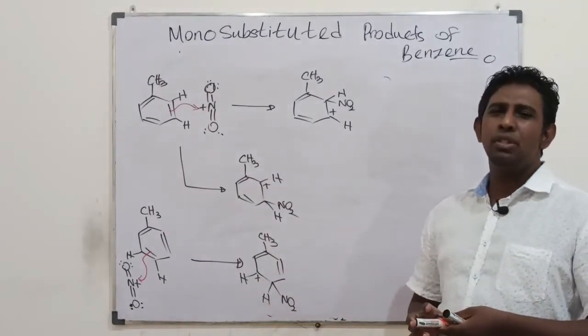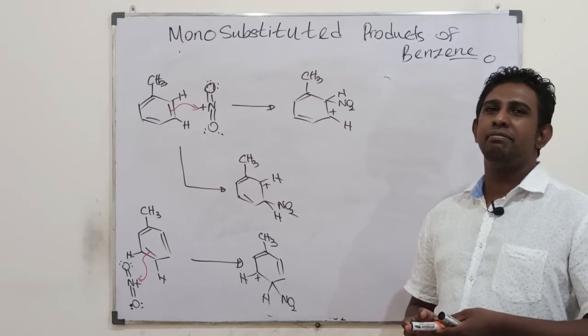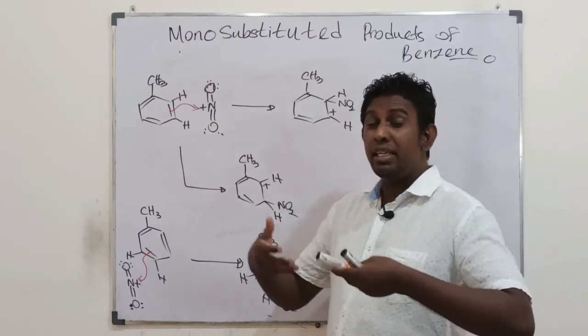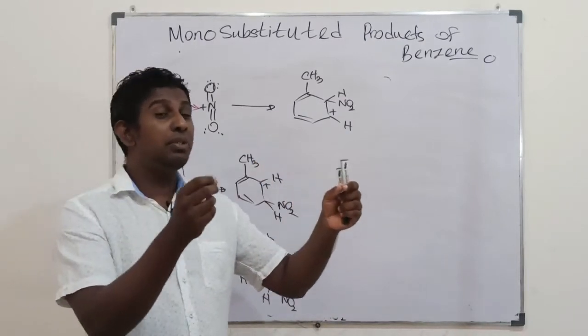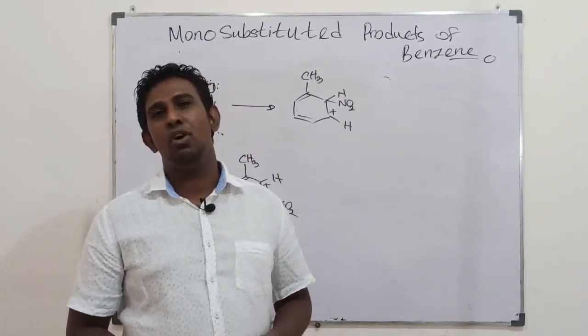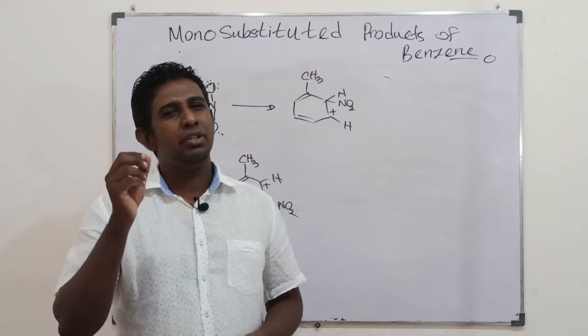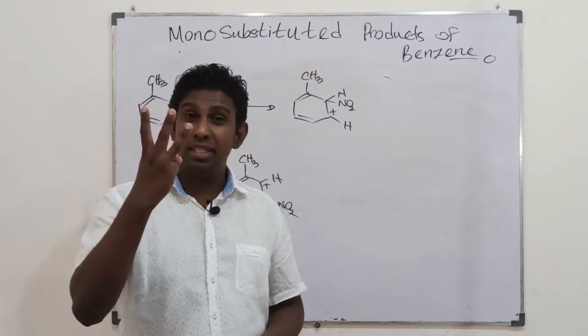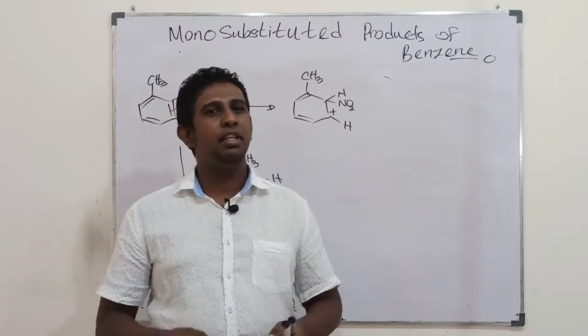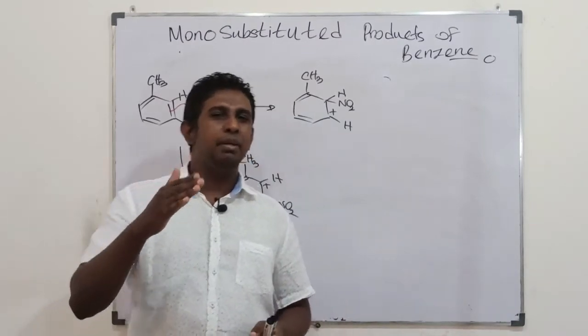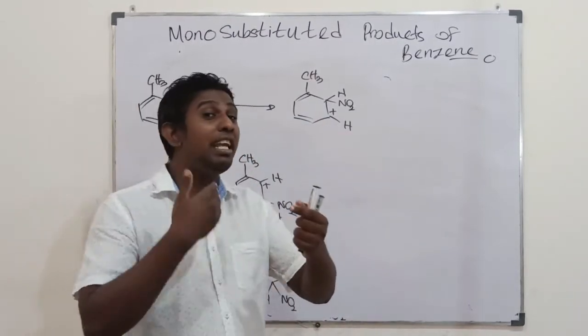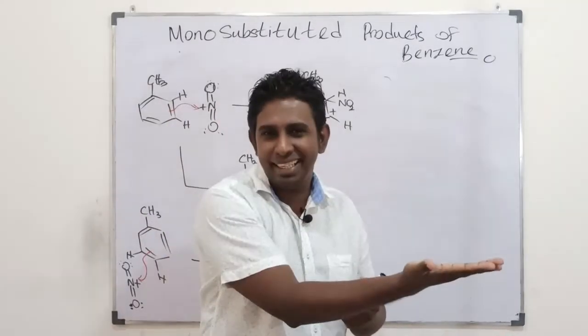Why did I draw those intermediate cations? Students, I'm stating what electrophilic substitution reaction basically involves on benzene. I told you there will be 3 steps followed. The first step is the formation of the electrophile. The second step is the attack of the formed electrophile on benzene.